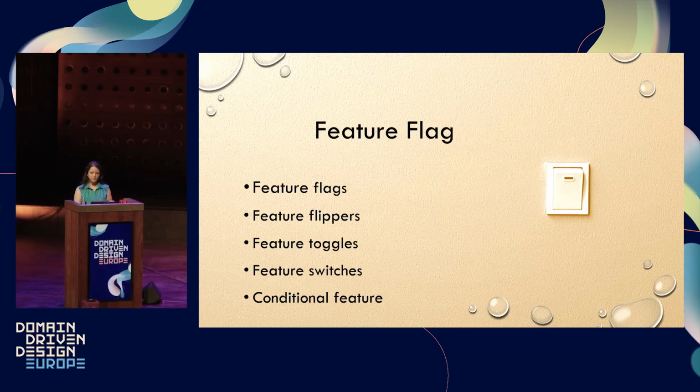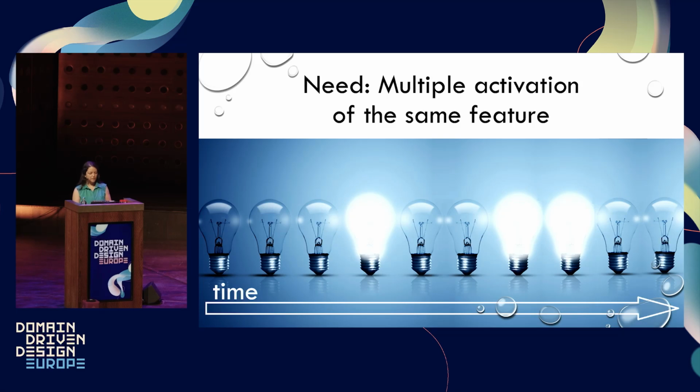So when we think about a light in a room, we are talking about a feature that has been developed and that we will enable for users for a certain period and disable for another time. I want to underline this point: I'm talking about multiple activations of the same feature. We enable it, disable it, and enable it another time.